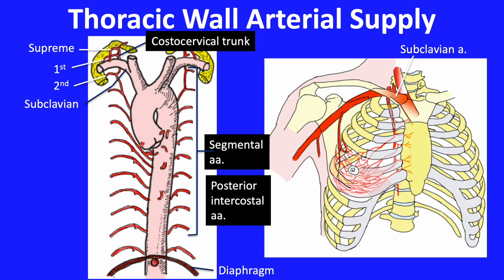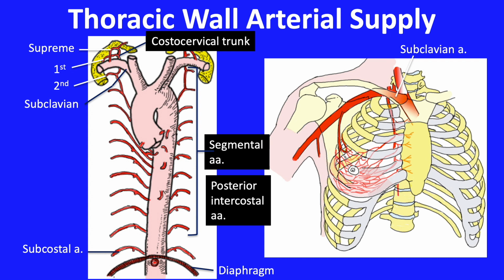All other posterior intercostal arteries are direct branches from the aorta. Since the aorta resides on the left side of the thoracic cavity, the right posterior intercostal arteries are somewhat longer than the ones on the left. The 12th posterior intercostal artery is given the name of subcostal.